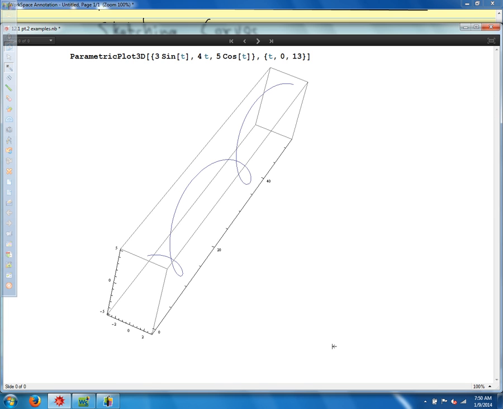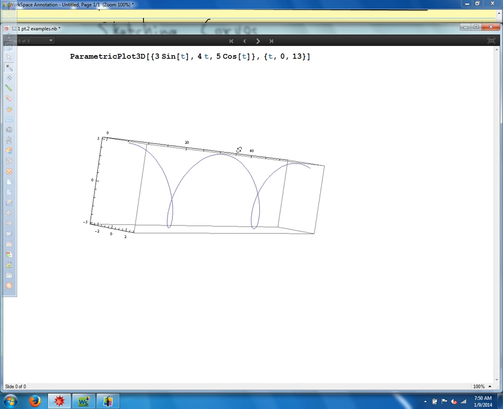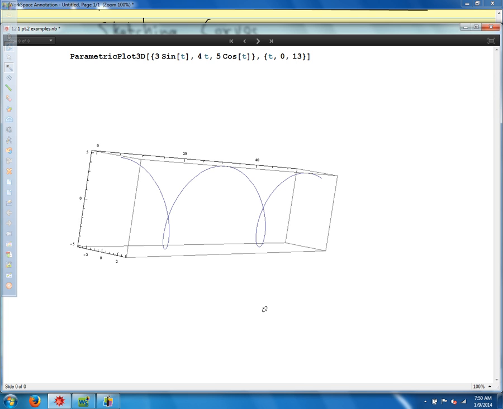And with ellipses, lots of nice, interesting things happen. So there's our ellipse. There's our surface, or our sketch of our vector valued function. Questions on that one?